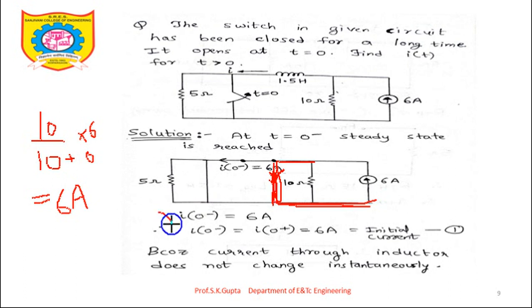Okay, so the initial current I got is 6 ampere, then I of 0 minus equal to I of 0 plus equal to 6 ampere. This is the initial current. This is my equation number 1. Because current through inductor does not change instantaneously. Inductor opposes current flow, so that current does not change instantaneously.